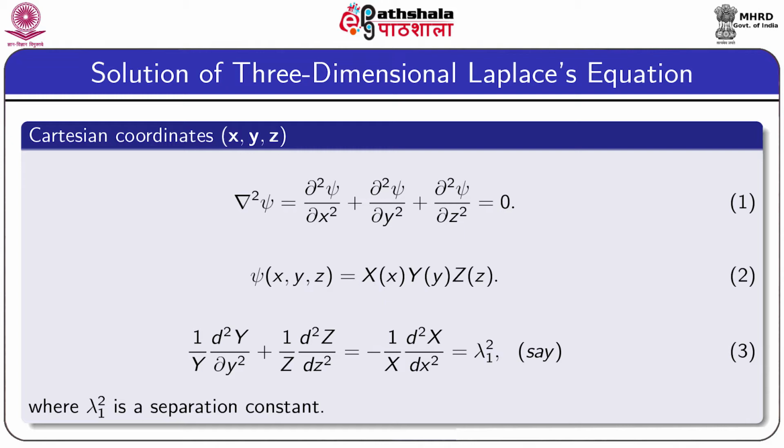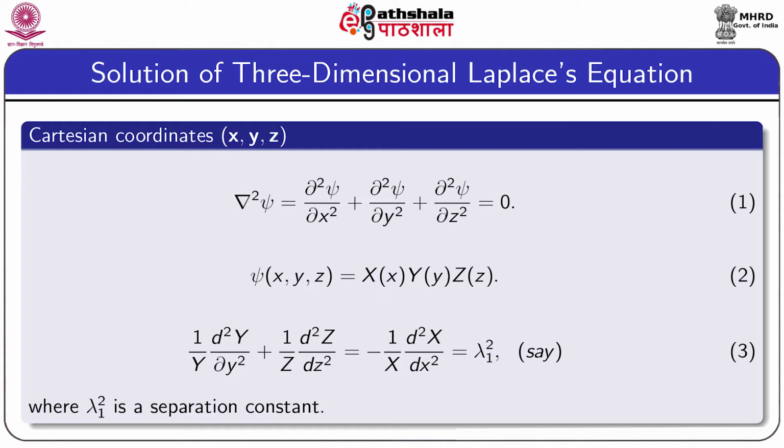That means, in this equation we are separating the variable x from the variables y and z. Let lambda 1 square be the separation constant. So, if we equate 1 by X d2X dx square equal to minus lambda 1 square, we get the ordinary differential equation written here: d2X dx square plus lambda 1 square X equals 0.